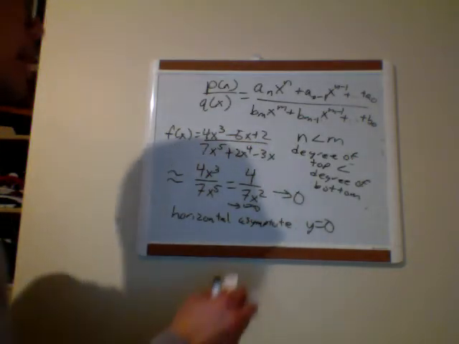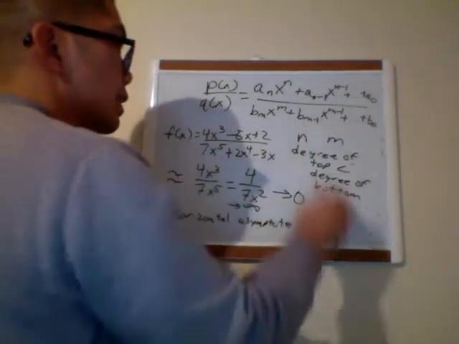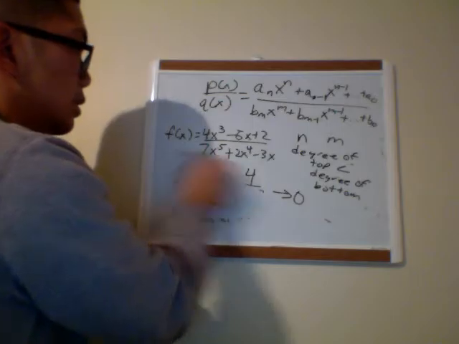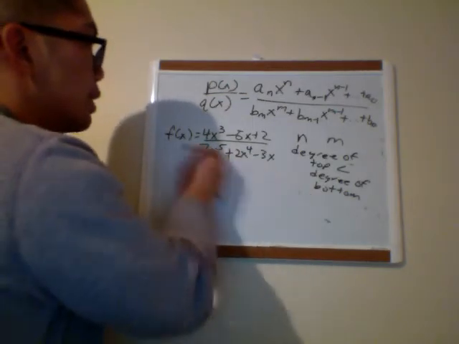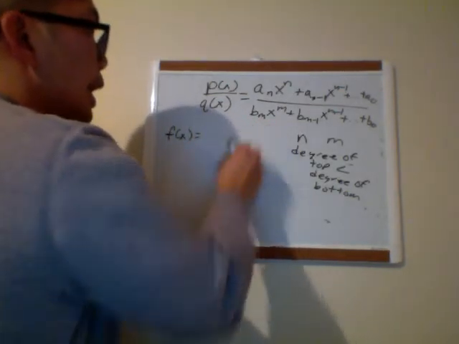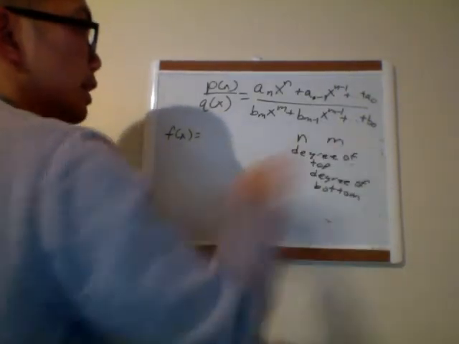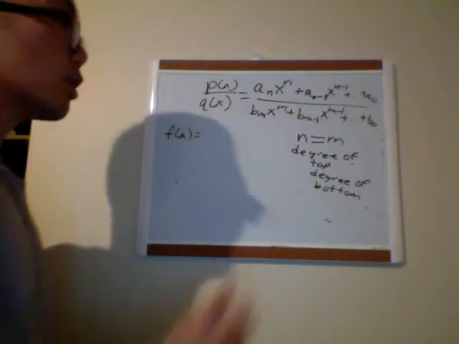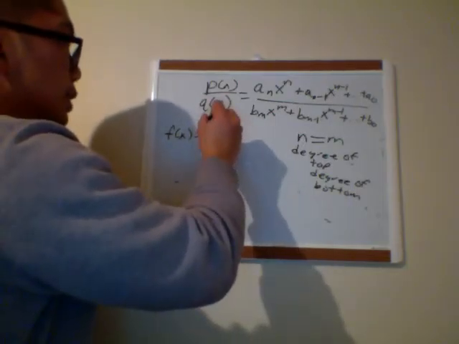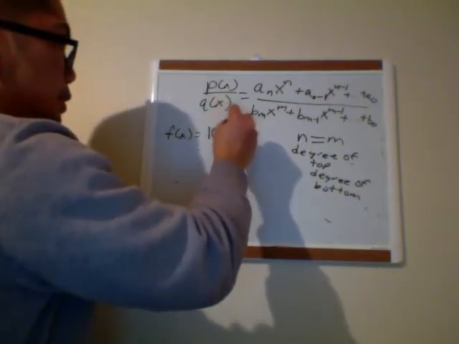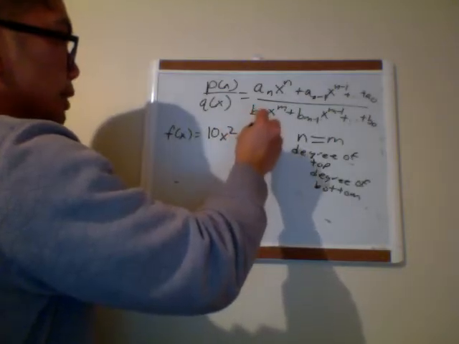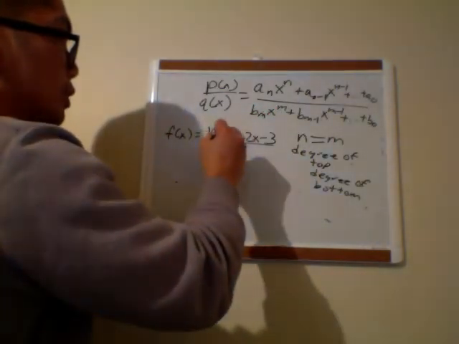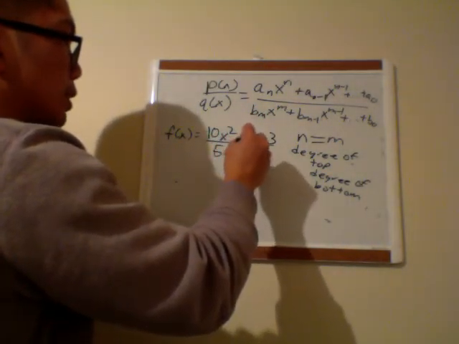Now let's do a second case. The second case will be when n is equal to m. So for example, if I have 10x^2 plus 2x minus 3 over 5x^2 minus 8.